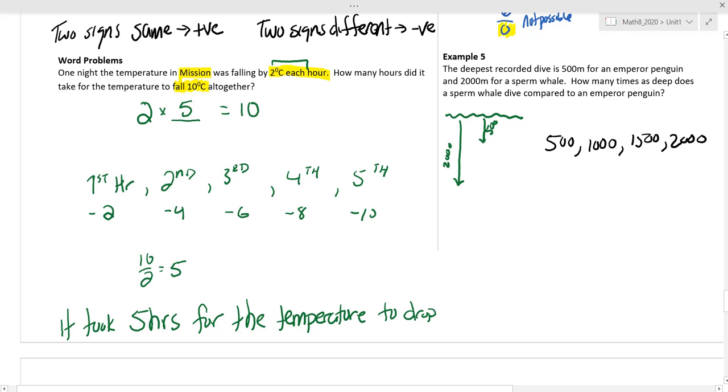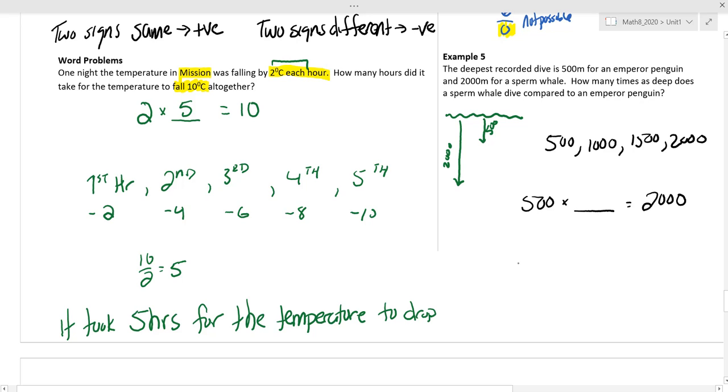Or you could do it as a division statement, or as multiplication. Let's do it as multiplication first. 500 times what is equal to 2,000? It's basically just 5 times what equals 20.